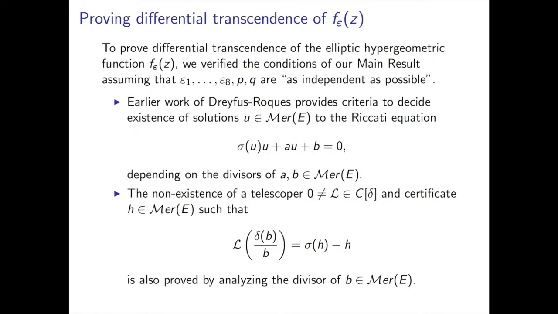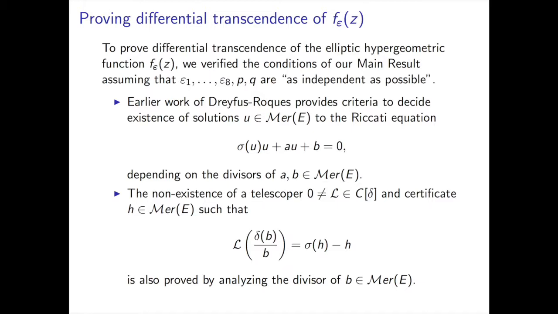So let me tell you why we got away with this in this specific example. You'll recall from the statement of our main result that I have to check two things. One, that there does not exist a solution to the Riccati equation associated to the second order difference equation, and for that we applied earlier work of my co-authors Thomas and Julien that imposes conditions on the divisors.